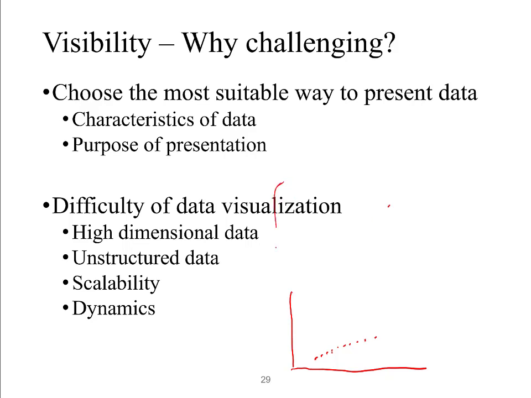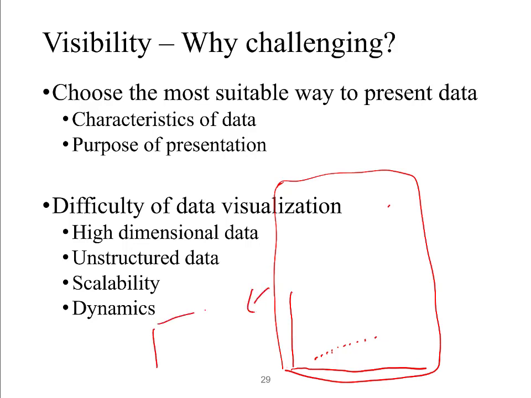So if you want to render this figure into a smaller size, then basically it would turn out to be something like this. And it looks like this curve is horizontal.